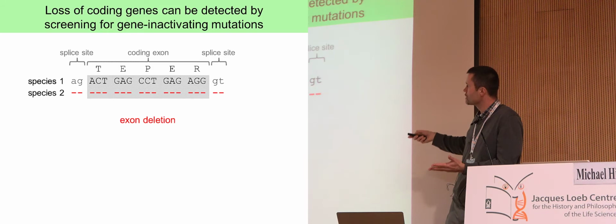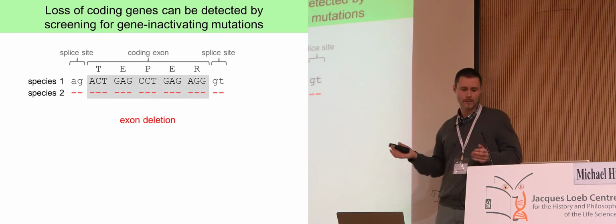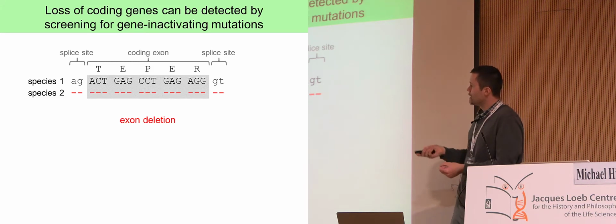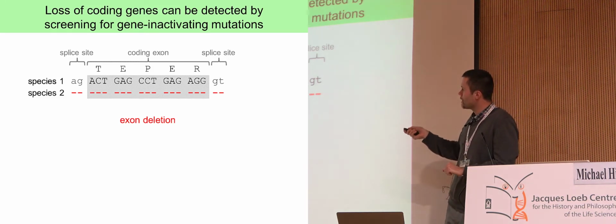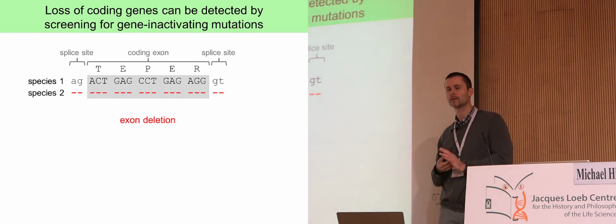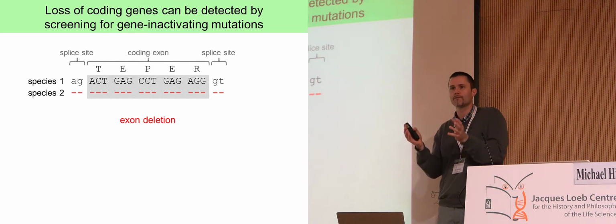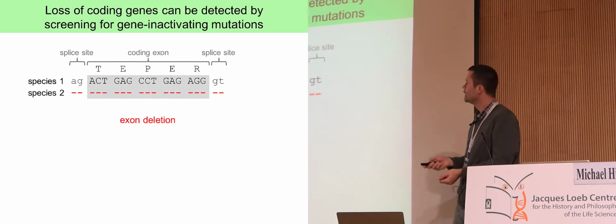Of course, one possibility is you can delete the entire thing. That's kind of obvious. But in mammals, this appears to happen not so frequently because genomes are quite large and there is no real pressure to have compact genomes. So there is a lot of, I guess, junk DNA, right?